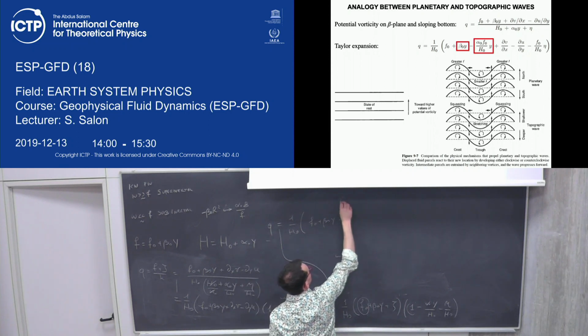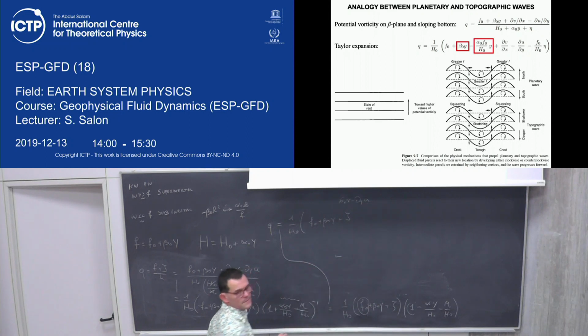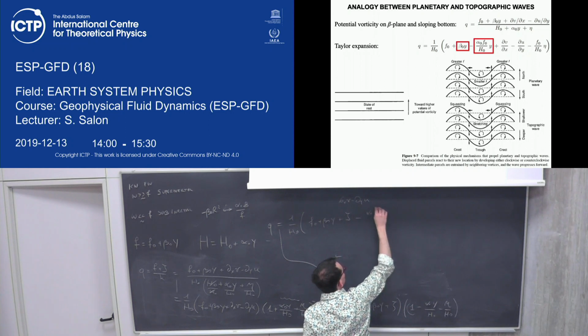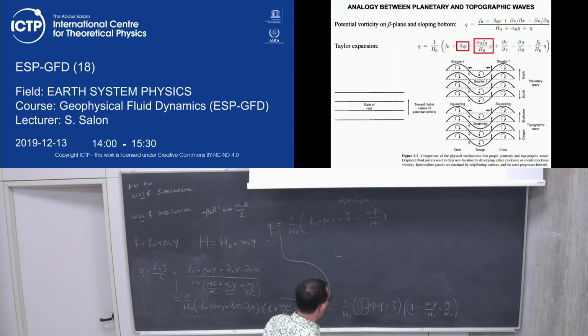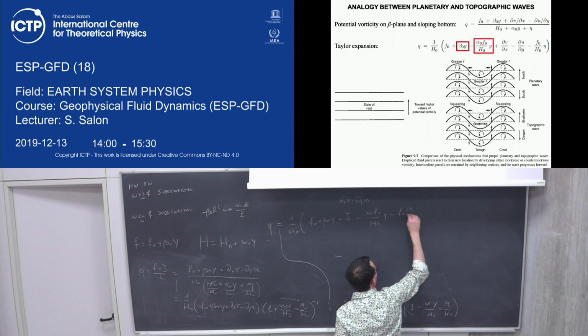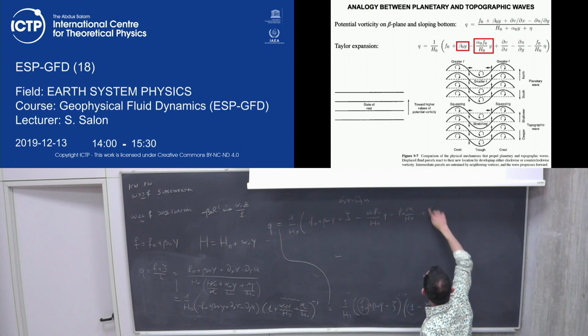This is zeta, dxv minus dy u, the relative vorticity. So F0 by this one, so minus alpha 0 F0 over H0 y, and this by this, minus F0 eta over H0. All the other terms are higher order. We can write it order 2.